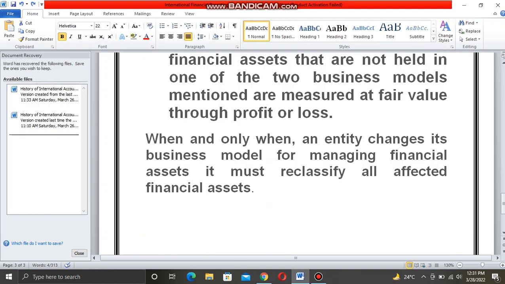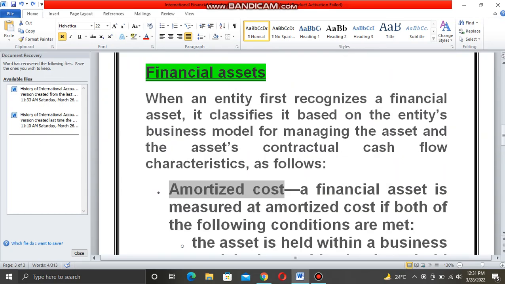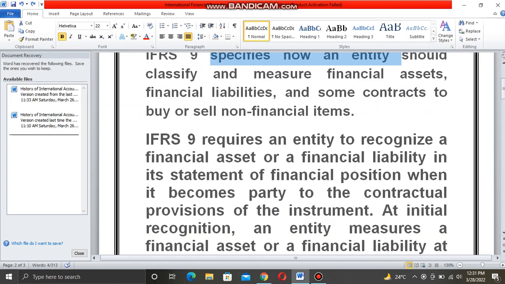When and only when an entity changes its business model for managing financial assets, it must reclassify all affected financial assets. So this standard is all about financial assets and financial liabilities.